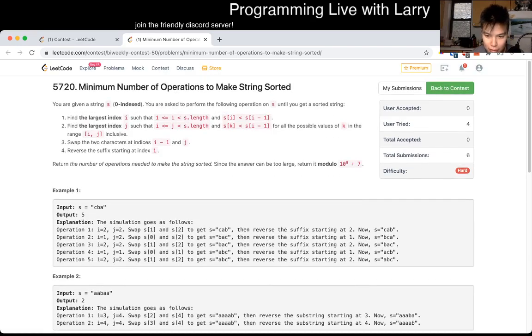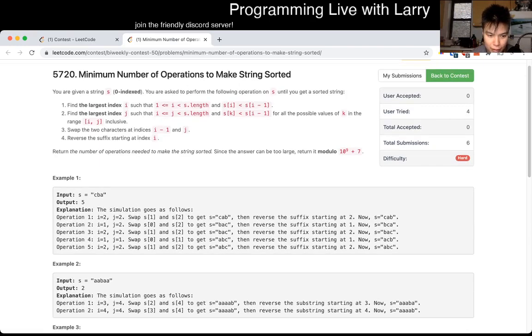Okay. Example here, I is 3. And then, okay, so the biggest number, that's 4, so that's 4. Okay, then we swap A and B, and then reverse the string started at 3.